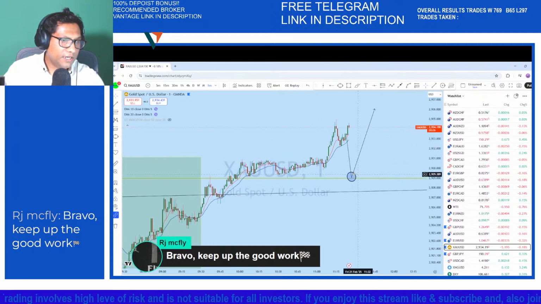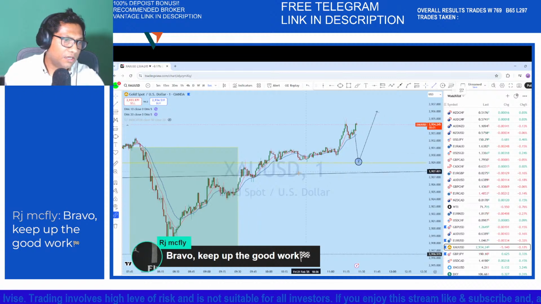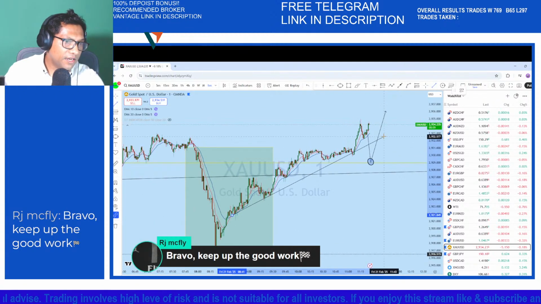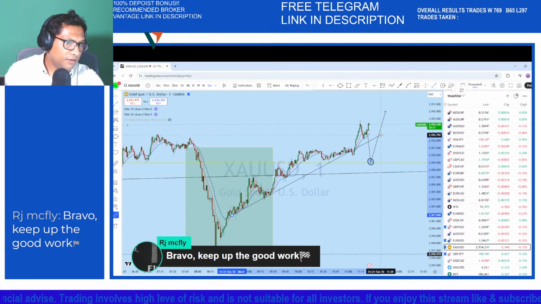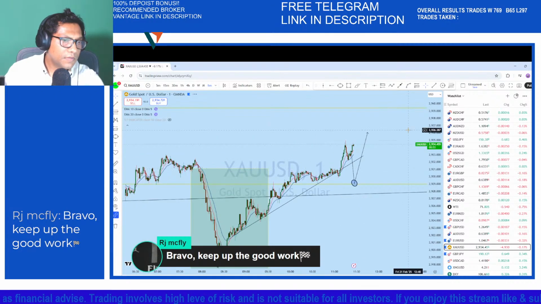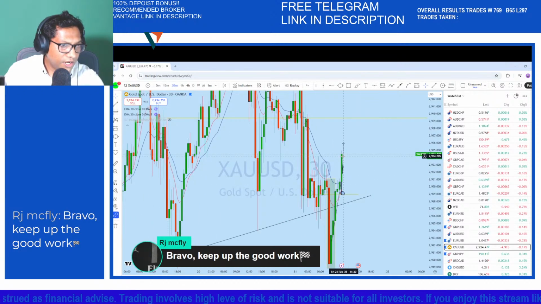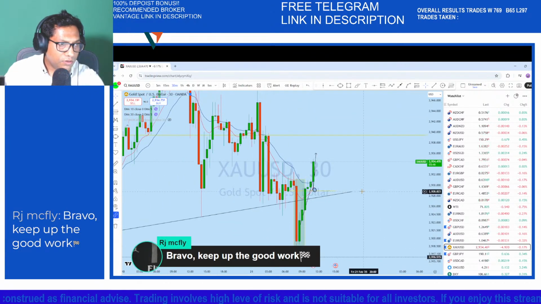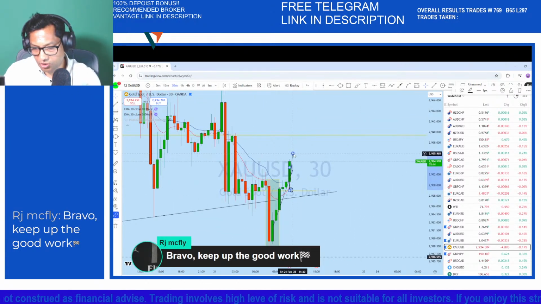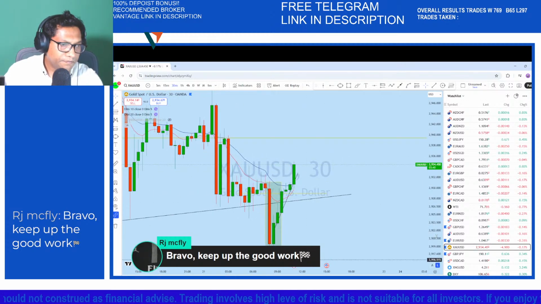So here is the 1 minute chart, which is a trending market. If you look here, you can see that the market is trending, and in that market it is also important to look at the 30 minutes price action.